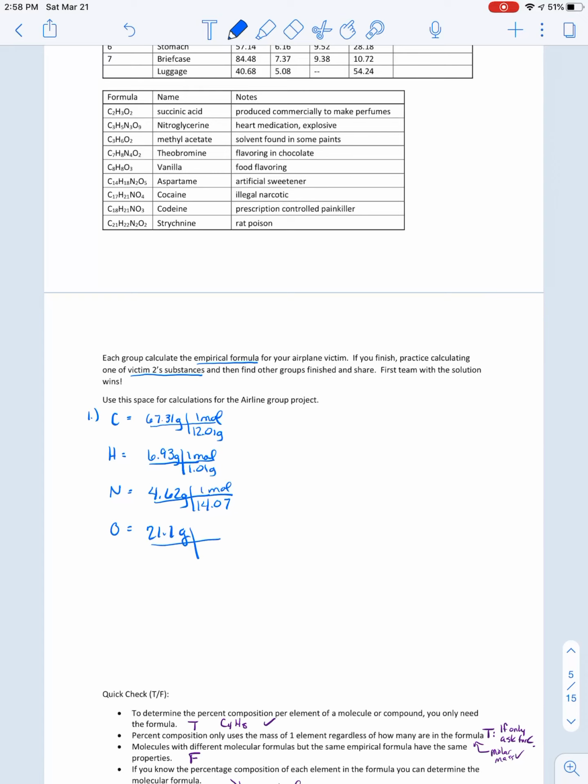Nitrogen is 14.07 in 1 mole. And oxygen is 16.00 grams in 1 mole. I've got my calculator handy. So 67.31 divided by 12.01. Biggest problem here is making sure you don't twist numbers around when you're putting them in your calculator. So do a quick double check and glance at your calculator.